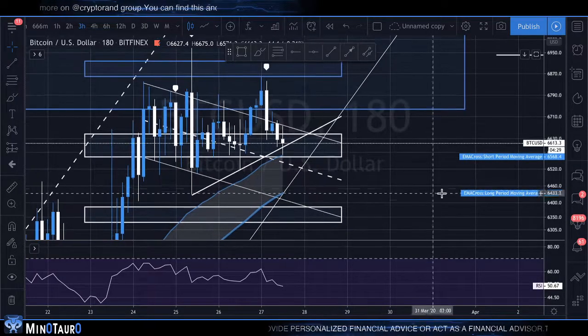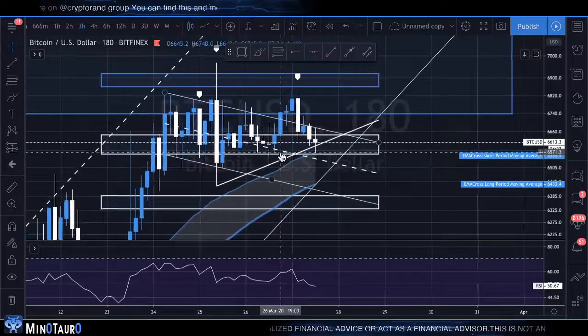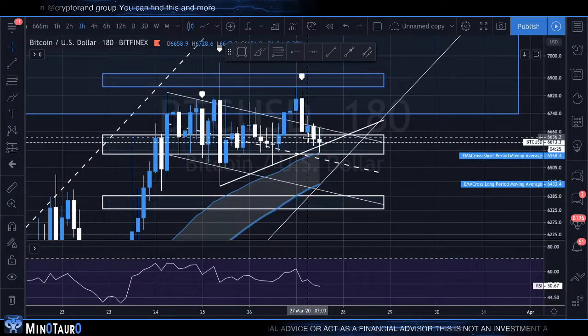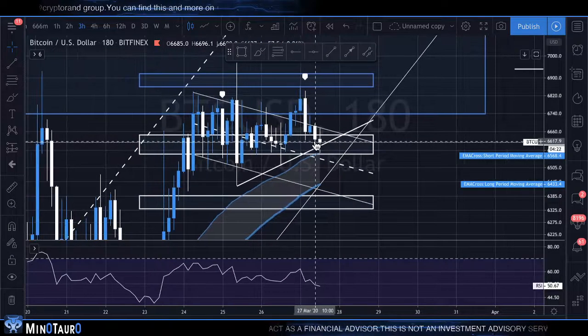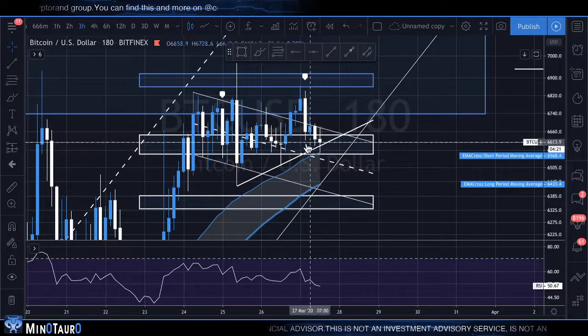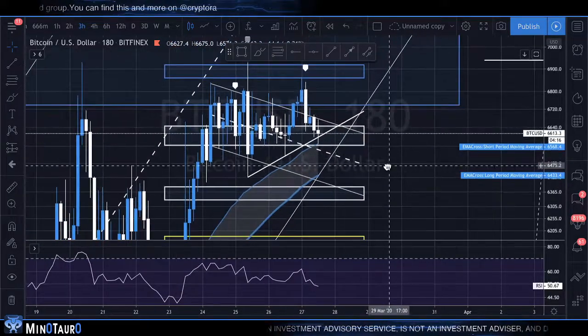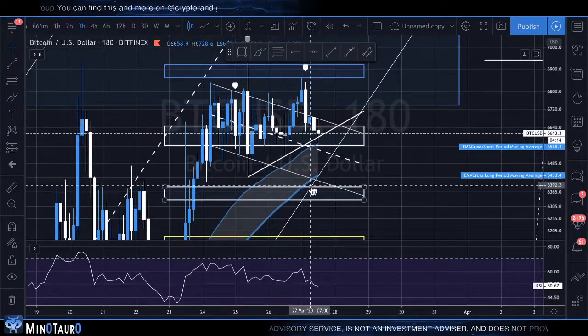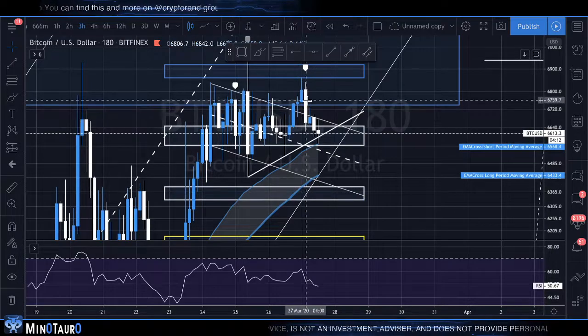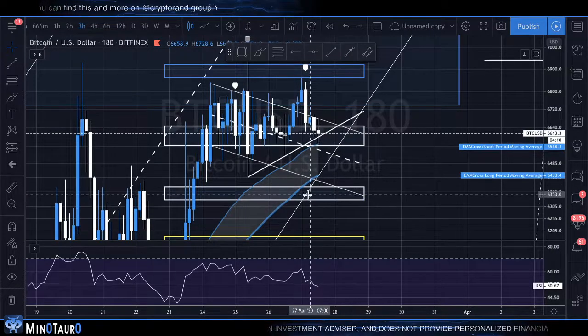Remember that you have to close; it's not a wick game, it's a close game, so you can even wick down and then close back like we did many times. The target anyway should be this one. The last one we had, the target like this, is this one.